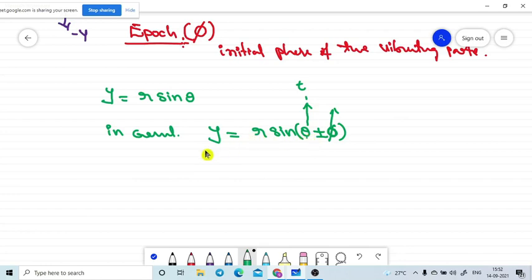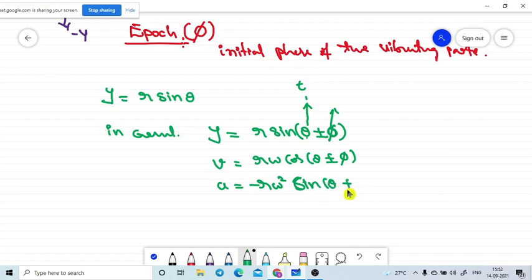In the similar manner, for velocity we will get R omega cos of (theta plus or minus pi). We will get acceleration also: minus R omega square sine of (theta plus or minus pi). That means we are giving the information here.